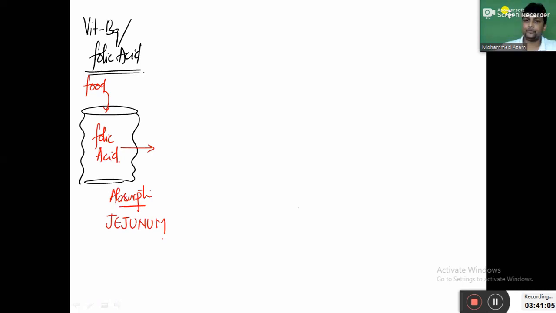First point to learn. Can I call the folic acid as folate here right now, guys? Yes. Folic acid will form salts, so therefore I can call the folic acid as folate. And once this folate is absorbed from the intestines coming into our body, in our body what is going to happen?